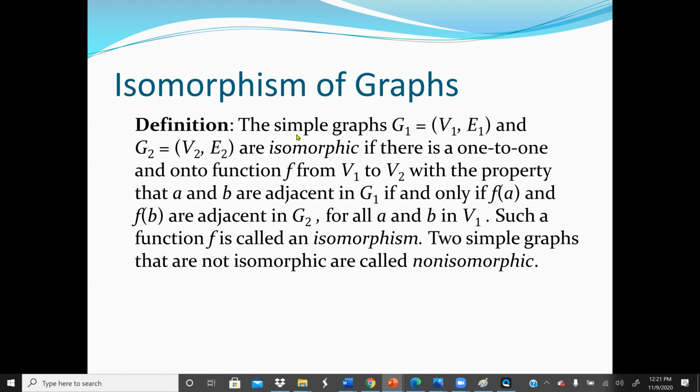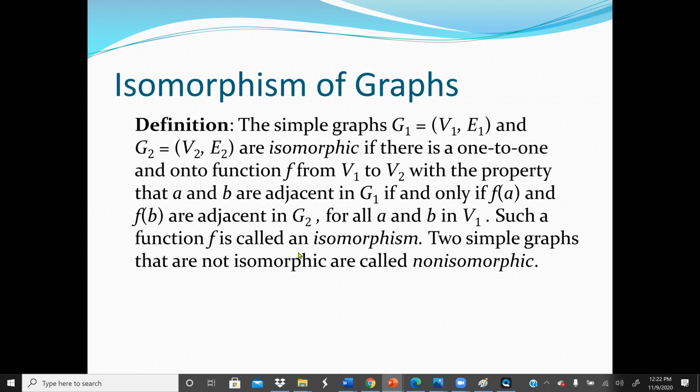So here we are assuming we have two simple graphs, G1 and G2. These two graphs are isomorphic if they have a one-to-one and also onto function f from V1 to V2 with the property that A and B are adjacent in G1 if and only if f at A and f at B are adjacent in G2, for all A and B in V1.